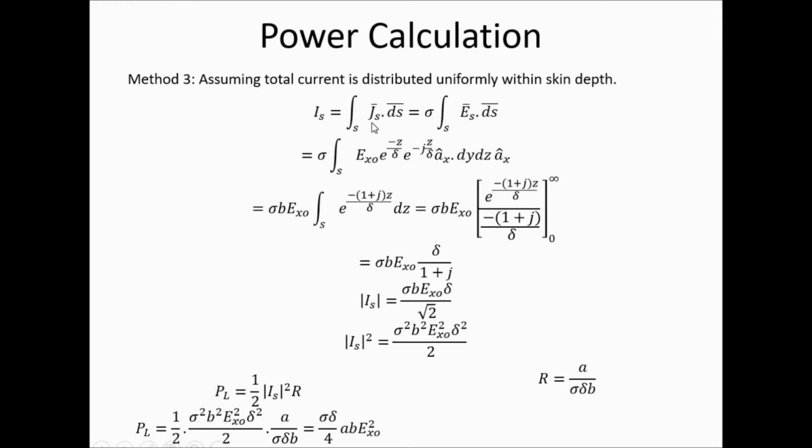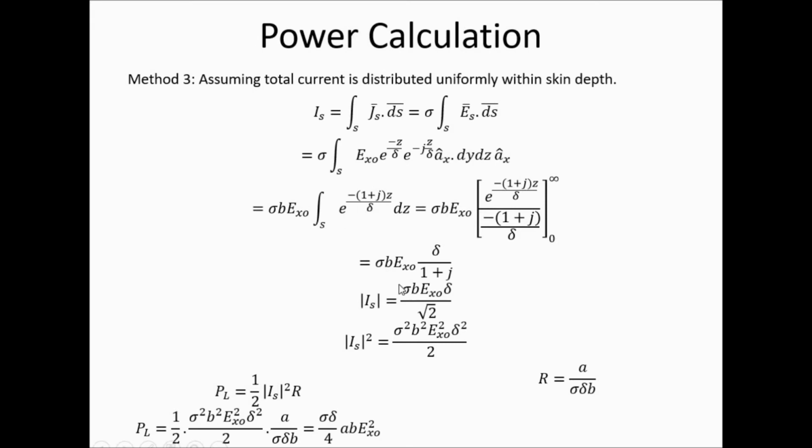To get the current, we need the current density, I equals the integral of J dot dS, and J is sigma times E. Here E has direction a_x, so our dS should have the same unit vector, so we write dy dz a_x.